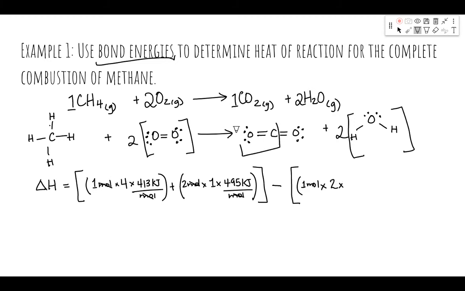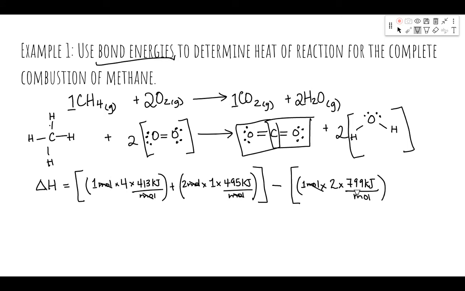So this is 1 and this is 2. Times the bond energy associated with a carbon double bonded to an oxygen. Now, this is that scenario where usually it's 745 kilojoules per mole, but because we're looking at carbon dioxide, it is going to be 799 kilojoules per mole.